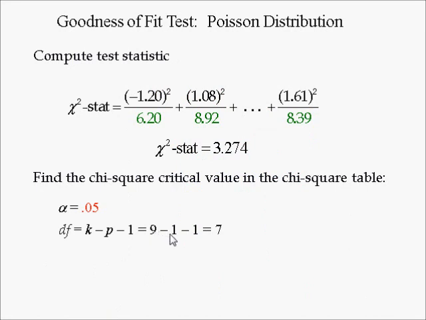So we have 9 categories. Now, all the probabilities were approximations because we don't know the true mean of the Poisson distribution. We had to use an estimate of the true mean of the distribution.